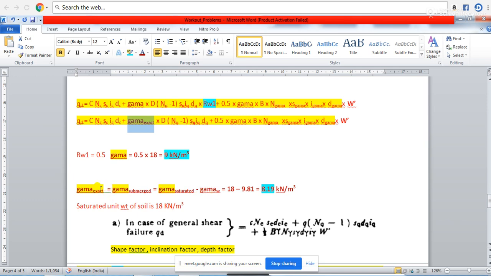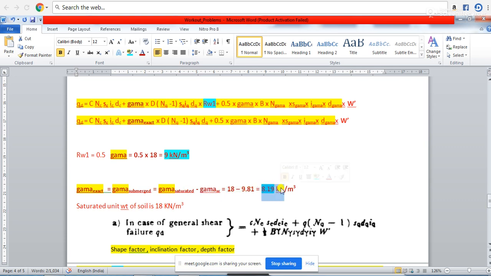When the water table is reaching the ground level, your gamma exact is nothing but gamma submerged, which is gamma saturated minus gamma w, and that is nothing but 8.19.